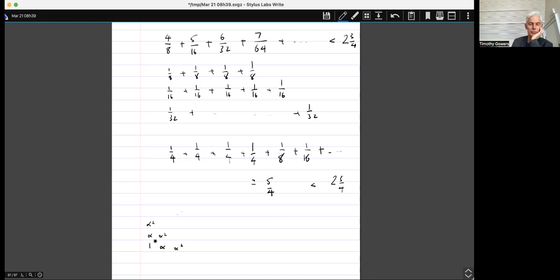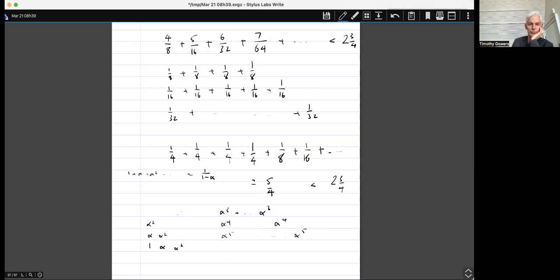So let's just think a little bit about that. The sum is going to be not terribly nice. The sum beyond this point, I'll have alpha cubed 4 times, and then I'll have alpha to the 4th 5 times, alpha to the 5th 6 times, and so on. We have that 1 plus alpha plus alpha squared and so on is 1 over 1 minus alpha.